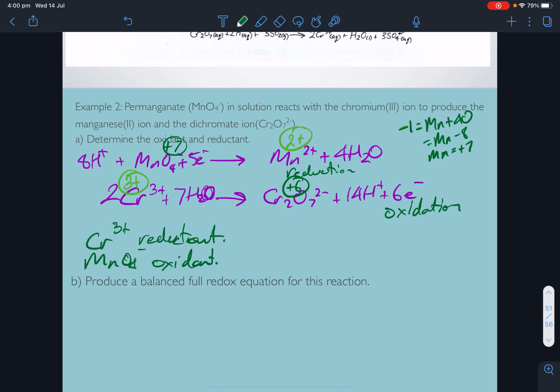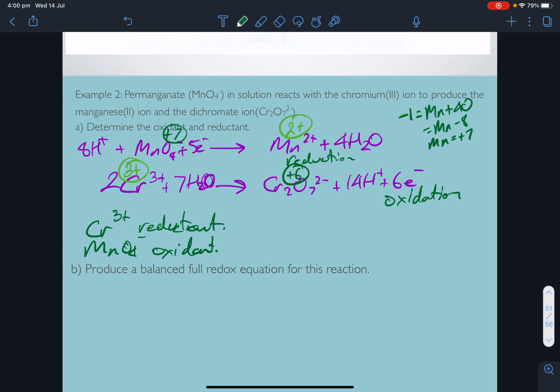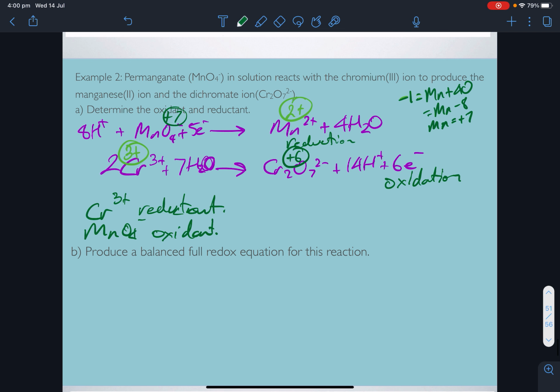Okay, now we've got to slam the two half equations together, and we've got 5 and 6. That's a horrible combination because they're going to have to go to 30 electrons, isn't it? There's nothing easier. So we've got to multiply the top one by 6 and the bottom one by 5.